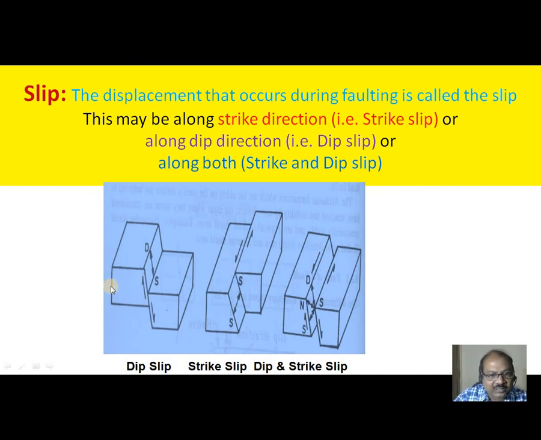Along the dip direction, we call it dip slip, or sometimes both the cases, either in the strike and dip direction, so that it is called strike and dip slip. So this is the point which clearly indicates it is a strike and dip slip.